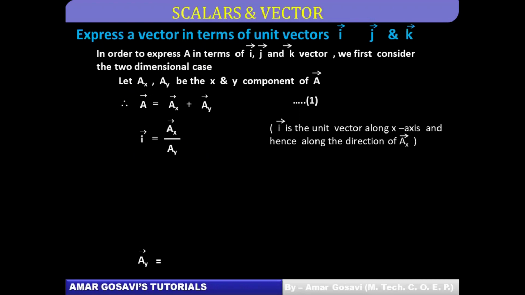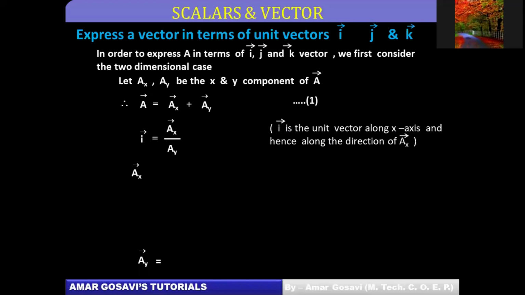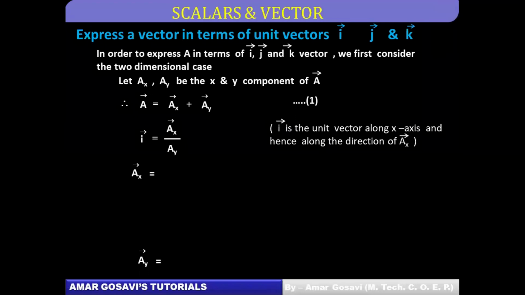Similarly, ax bar in this case would be given as ax into i cap. What is to be corrected over here is that instead of ay being the suffix, it should have been ax only. So when you shuffle it in terms of ax bar, you get ax dot i cap, or here you can say into i cap.